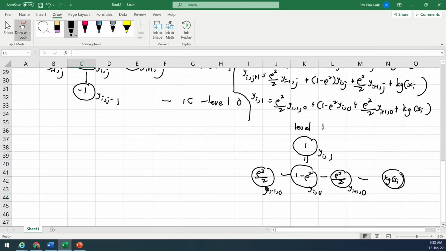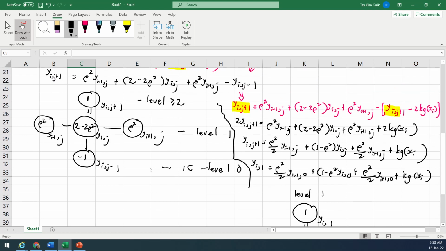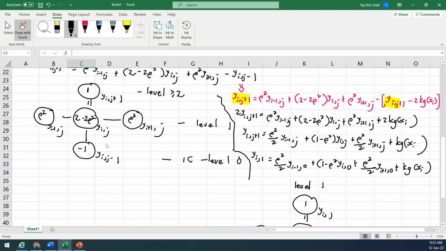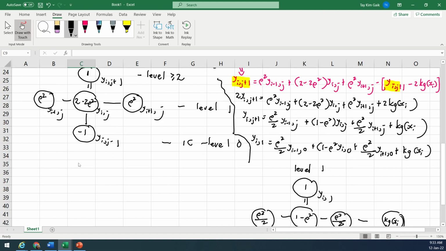So once you get the molecule, you may draw the specific molecule. This is general, and then you draw the specific molecule you have. This is one time.